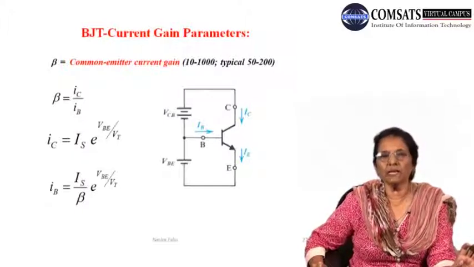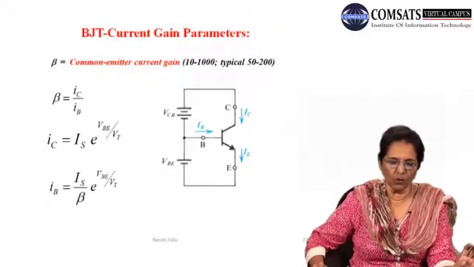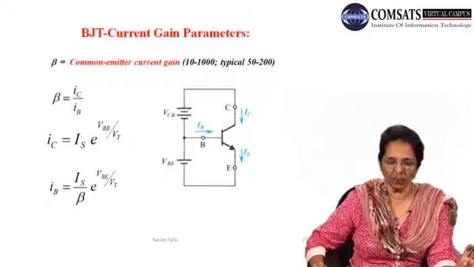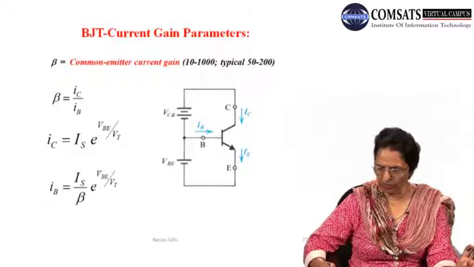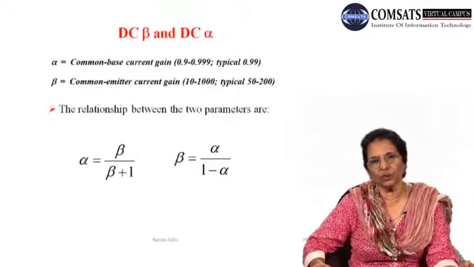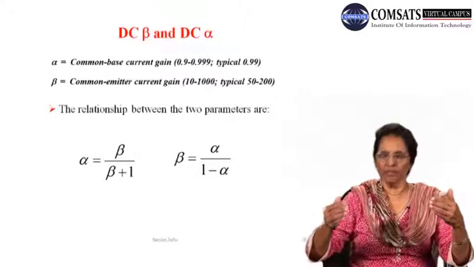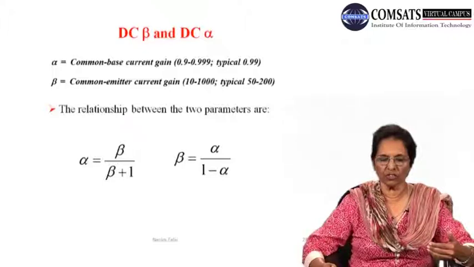And then the remaining two good current components for a common emitter NPN transistor therefore would be IC and IB, which again have an exponential relationship. And now we can show the relationship between the two slides which I just showed.